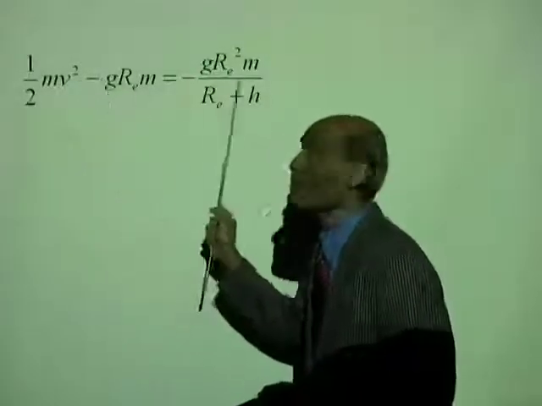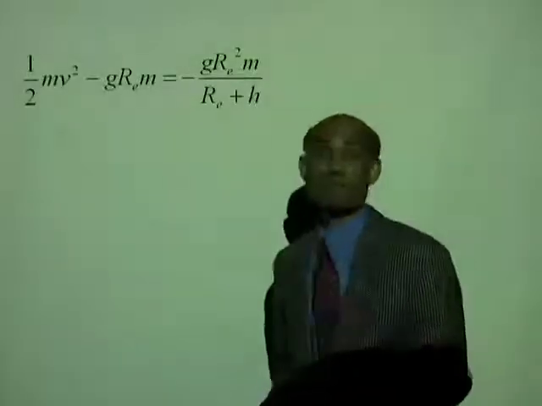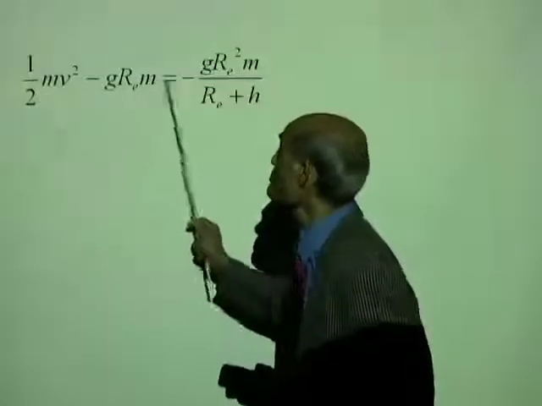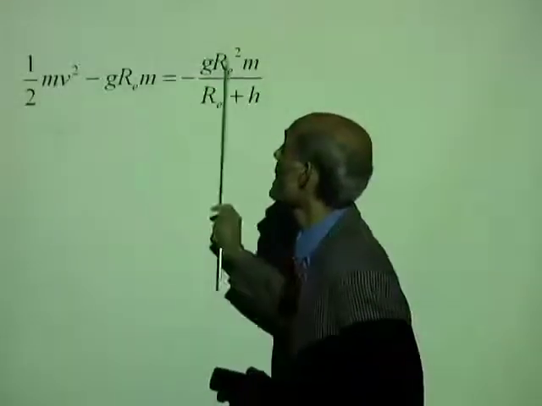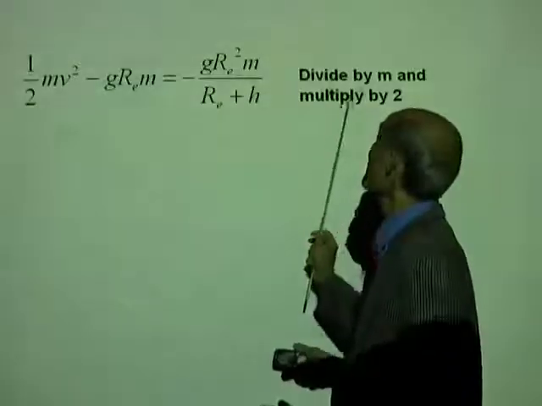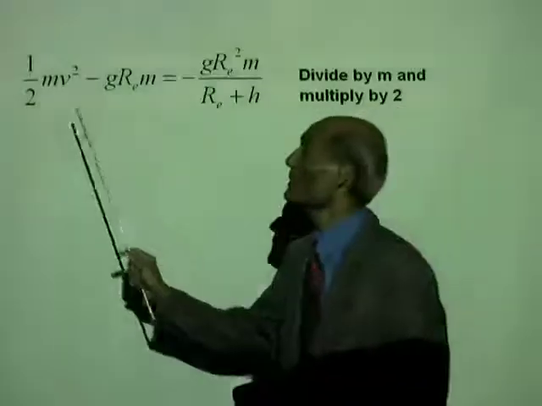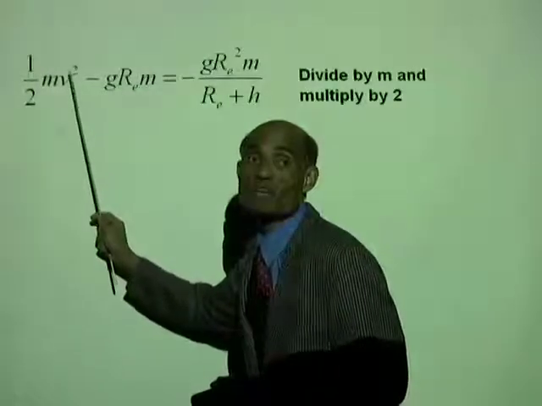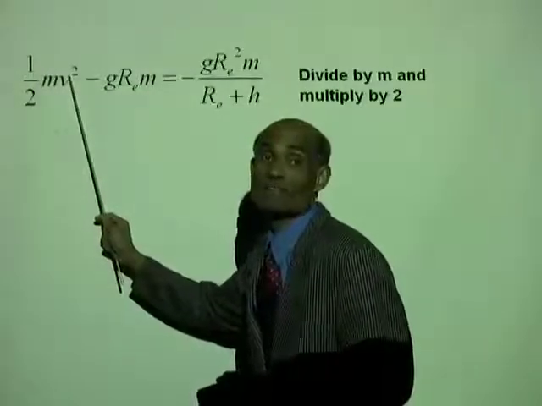Can you do this on your own? Just like we were doing before, multiply by 2 and divide by m. So divide by m and multiply by 2. When you divide by m and multiply by 2, this term will simply be v squared.